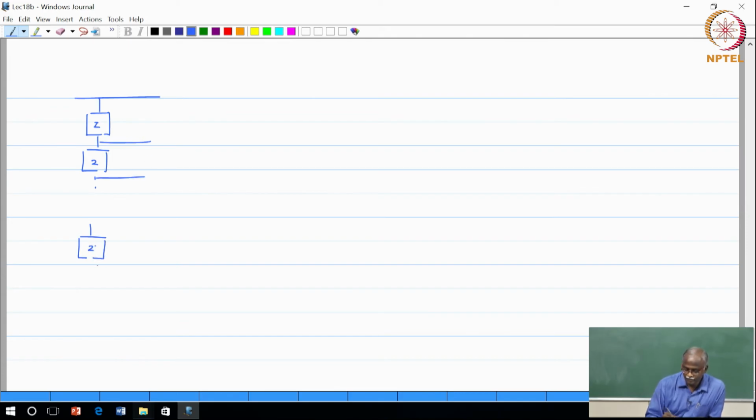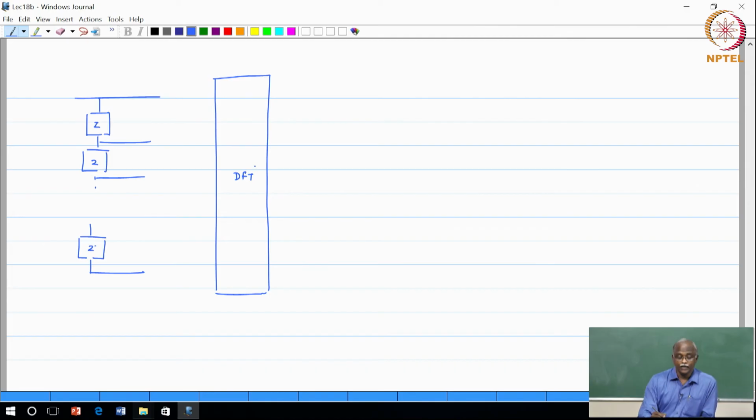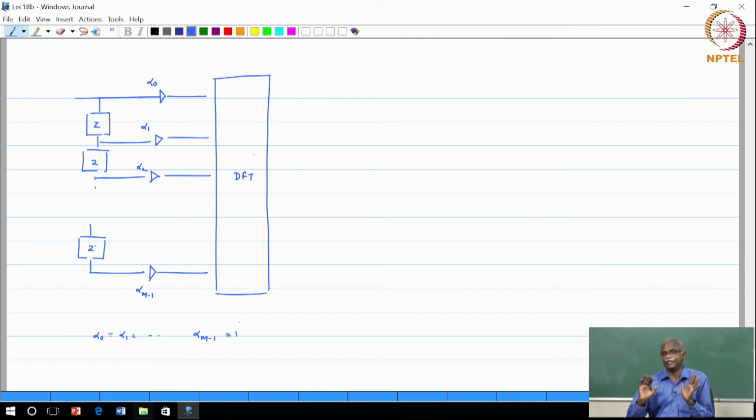These branches, previously we were taking directly to a DFT, and effectively that was saying that all my polyphase components are constants and we set them equal to 1. Since they are constants, let us call them alpha 0, alpha 1, alpha 2, up to alpha M minus 1, and the special case is when alpha 0 equals alpha 1 equals alpha M minus 1 equals 1. That is your conventional DFT.